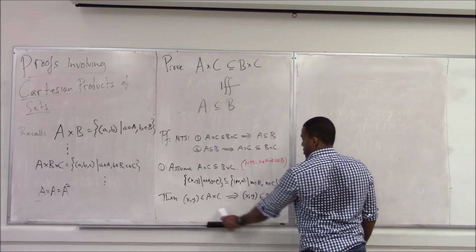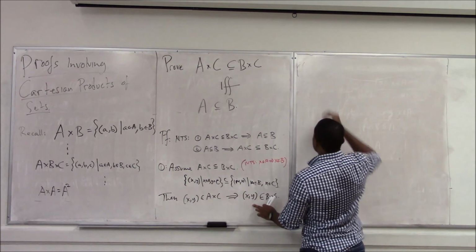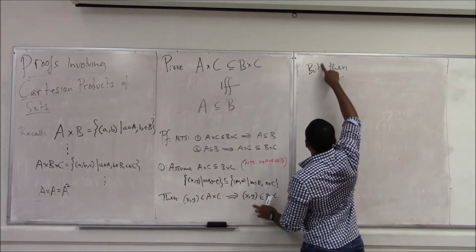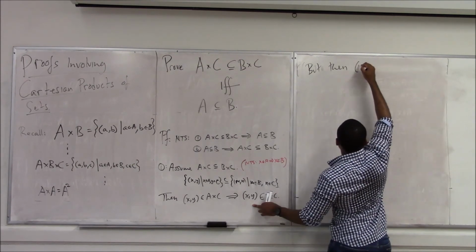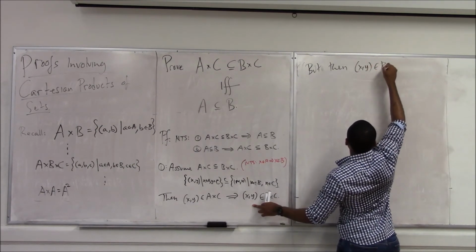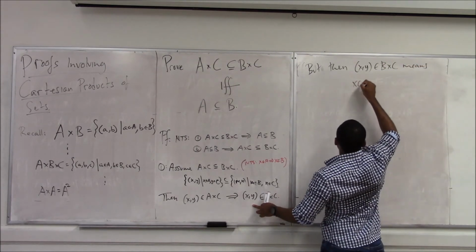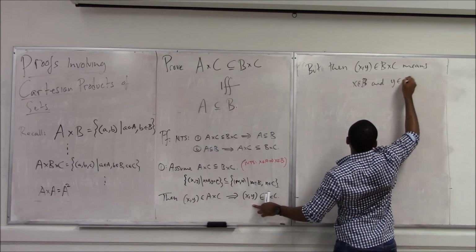So if we're in here, it means this is in there, but this is in there means what? But then (x, y) is an element of B cross C means that x is in B and y is in C.